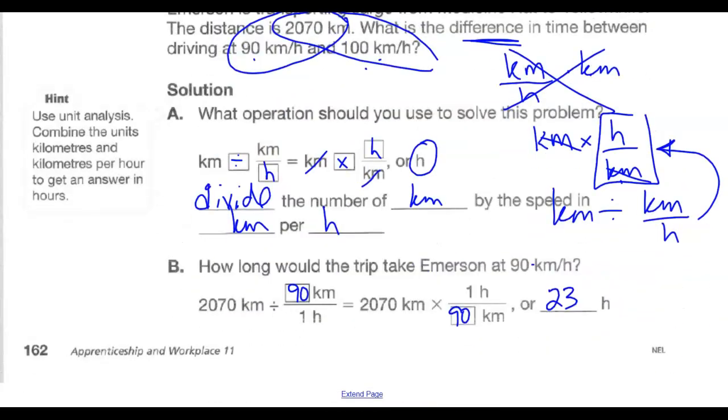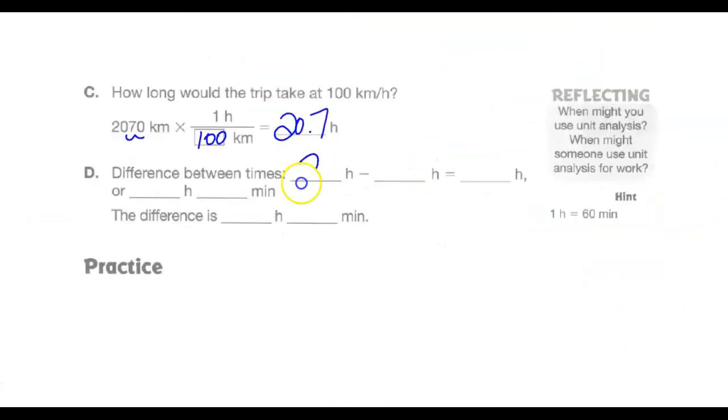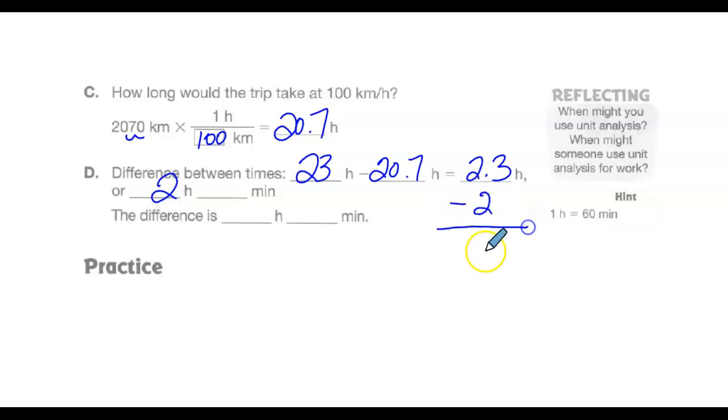So what was the last one? 23 minus 20.7 is going to be a 2.3 hours difference. Now, converting from hours to hours and minutes, this is not 2 hours and 3 minutes. This is 2 hours. Subtract that to get 0.3 hours, and then remember that 1 hour has 60 minutes.